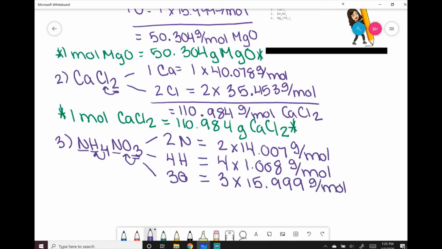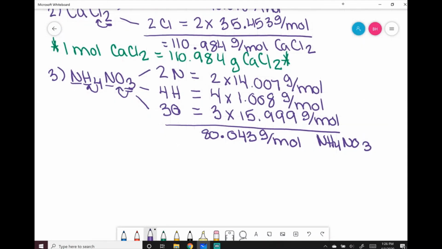So make sure you multiply each one of those by those individual numbers and then add them all together. And when we add those all together, we get 80.043 grams per mole. And that's ammonium nitrate.